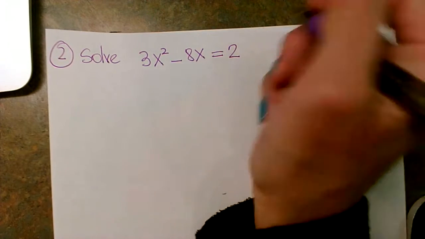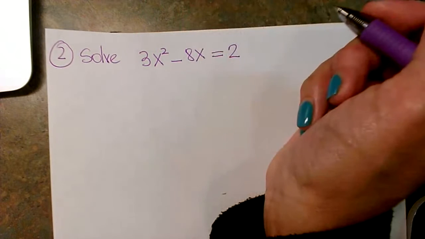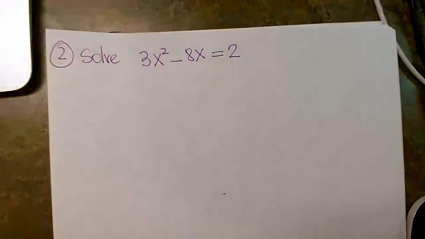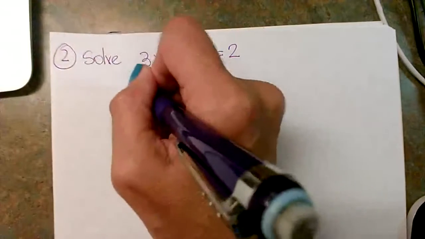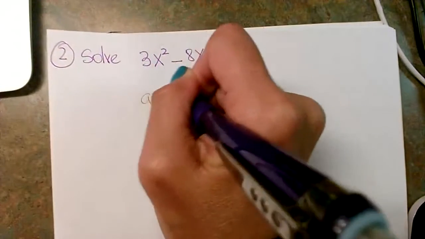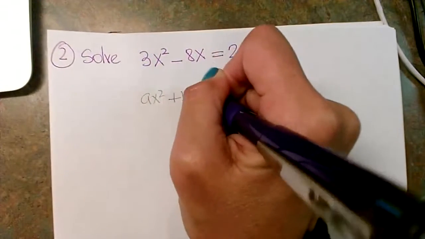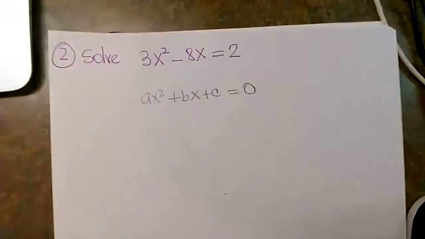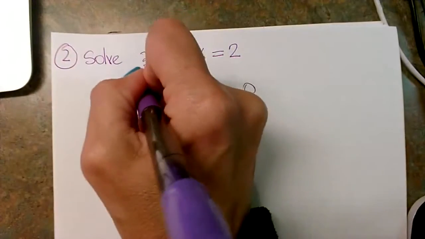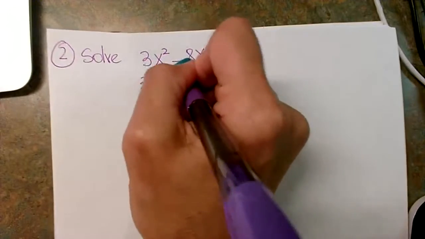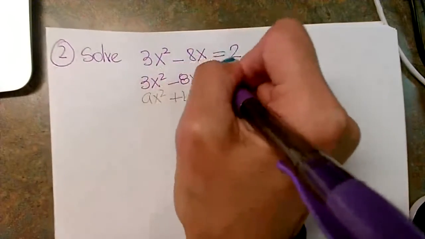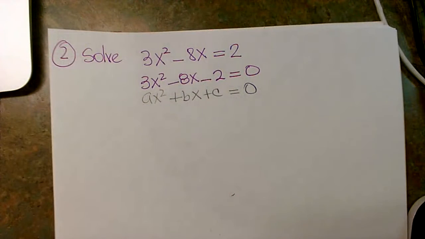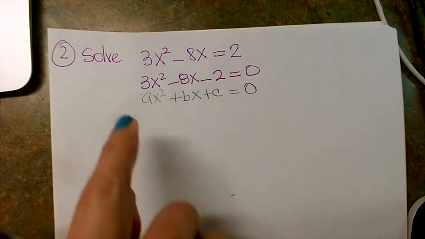We need to move this 2 to this side. Why? Because I need it in this form. This is the standard form, and it's not. So minus 2 equal to 0. You just subtract 2 on both sides of the equation. Now we're ready.